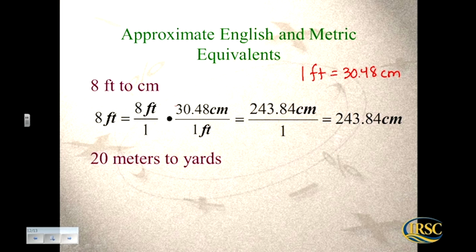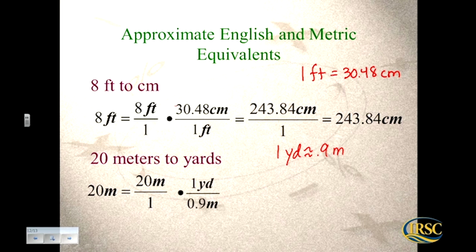Okay, so let's do 20 meters to yards. So we know that 1 yard is approximately 0.9 meters. So we're starting with 20 meters over 1. And so how should we form our unit fraction? 1 yard over 0.9 meters.